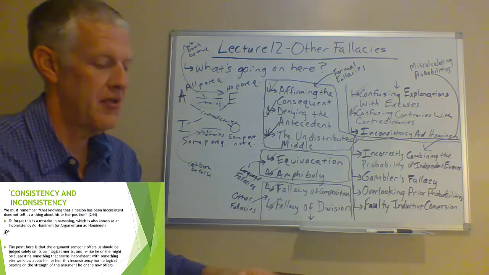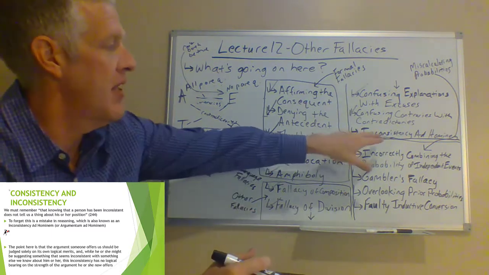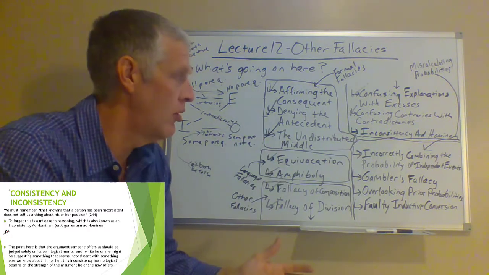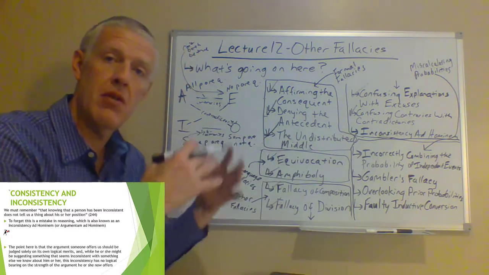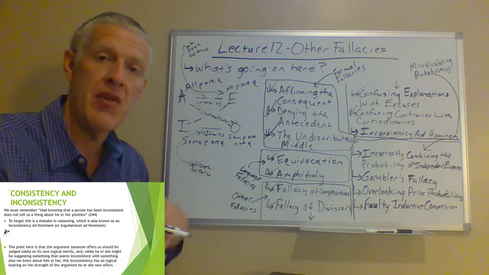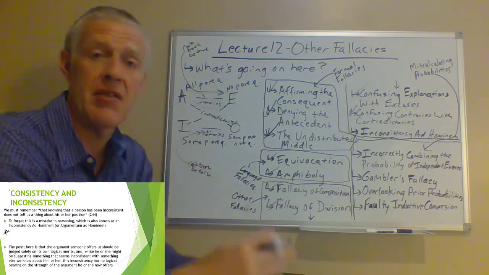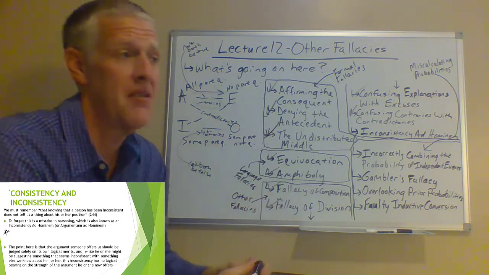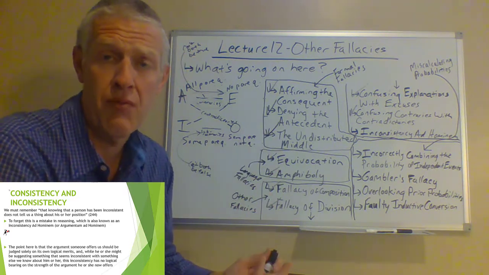In previous editions, they actually refer to this as inconsistency ad hominem, which I like better as a label. And they used to lump it in with their discussion of all the other ad hominem fallacies that we discussed in lecture 10 on relevance fallacies.